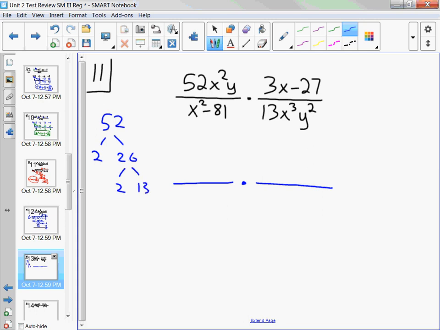So 2 times 2 times 13, x squared y. 3x minus 27. That has a subtraction sign in it, so the best we can do is factor out a greatest common factor of 3. That leaves us with x minus 9.